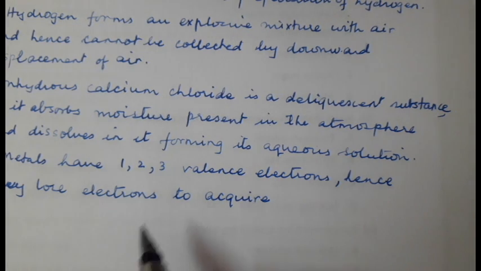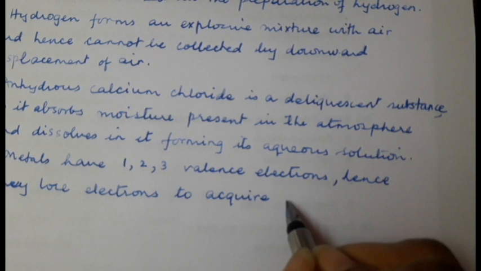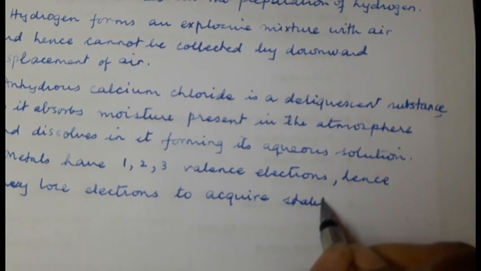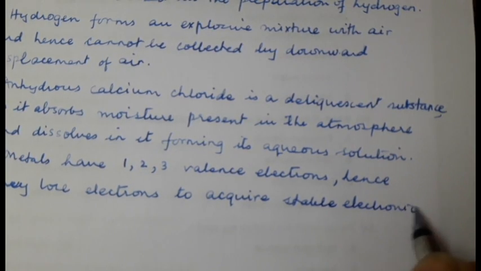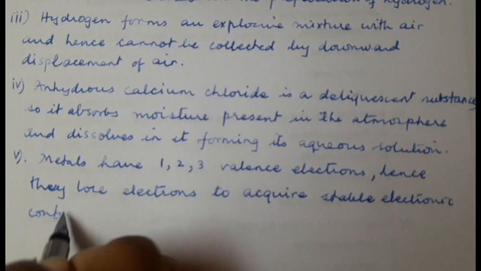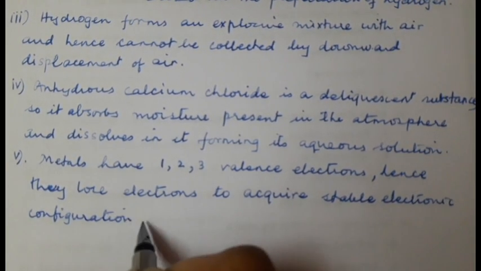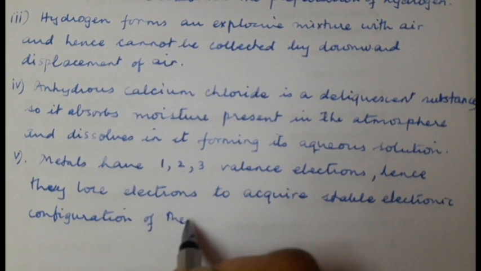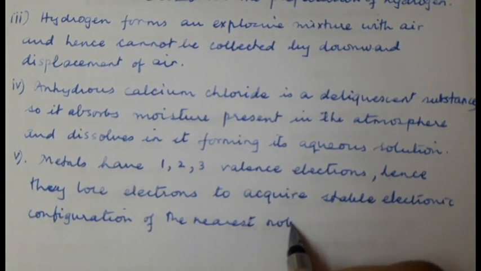And so they will have to lose these electrons 1, 2, 3 to acquire stable electronic configuration of the nearest noble gas.